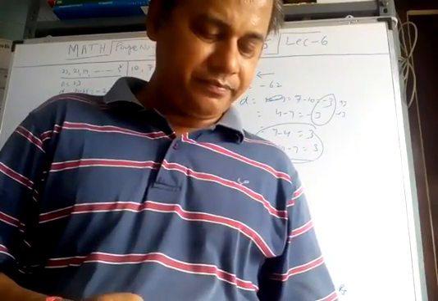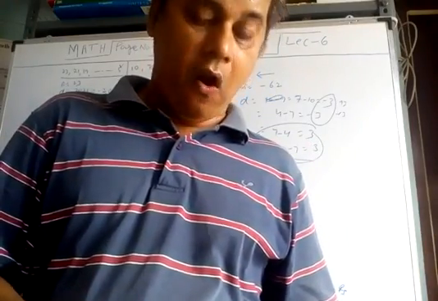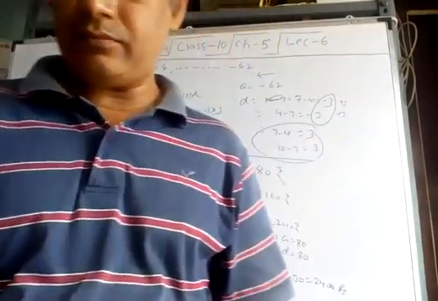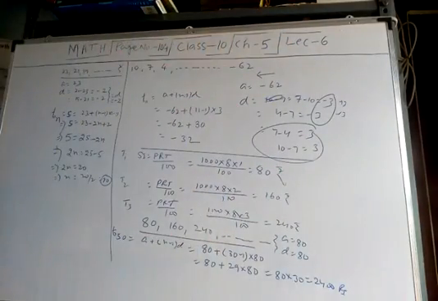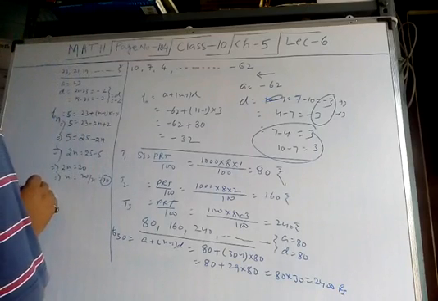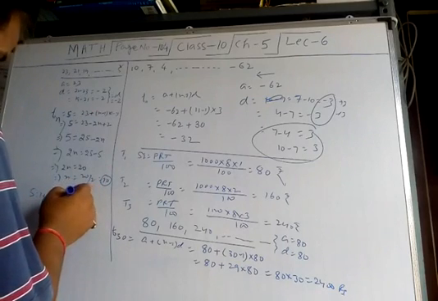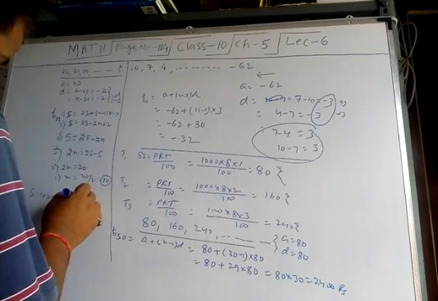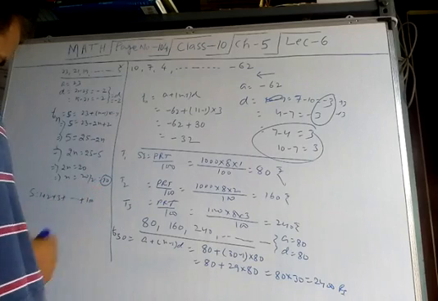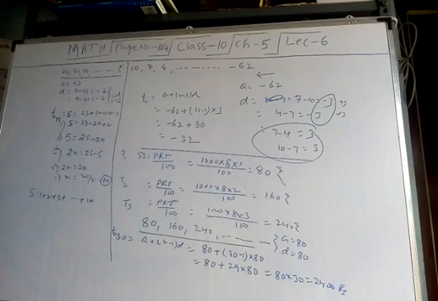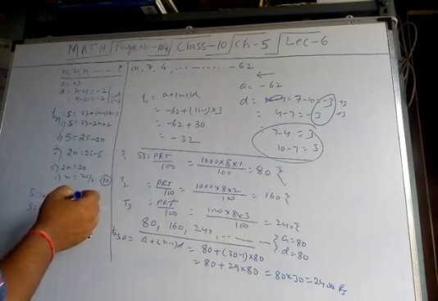Can you guess how he did it? He wrote S is equal to 1 plus 2 plus 3 plus dot dot dot plus 100.